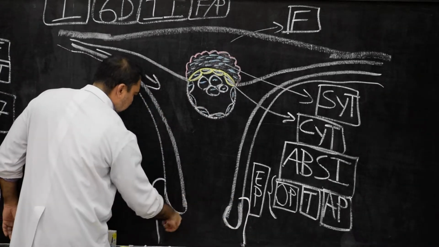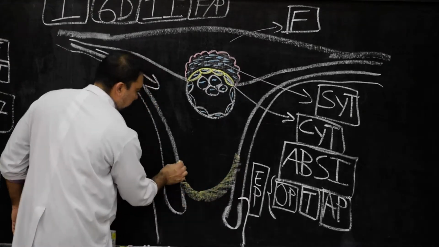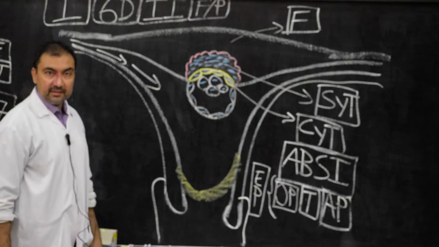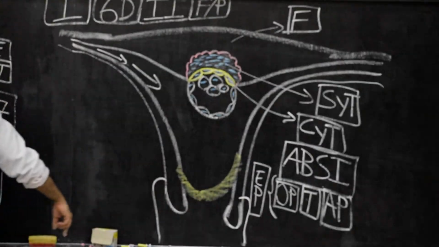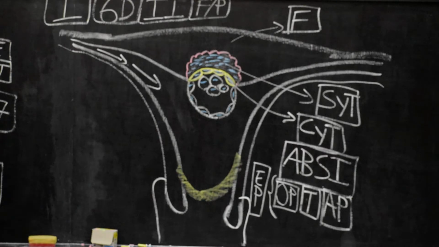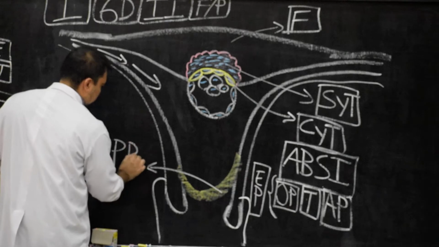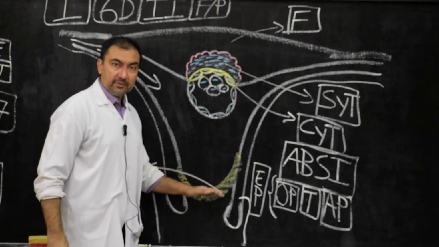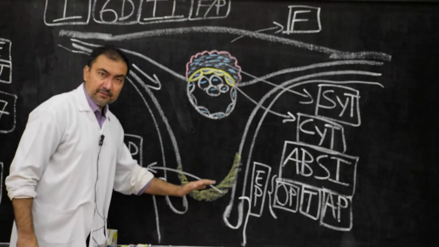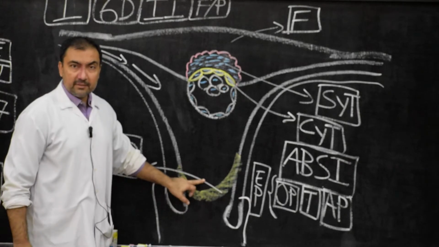If the implantation takes place at this area within the cervix, then this type of implantation will be known as placenta previa. This abnormal implantation in the lower uterine segment, in the region of the cervix, is known as placenta previa.